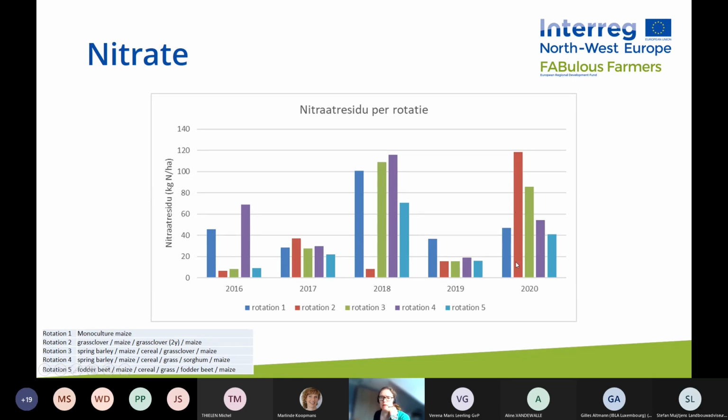Yeah, it's maybe not that interesting, taking into account this nitrate, to have maize after grass clover, but better take a crop with better take up of this nitrate.